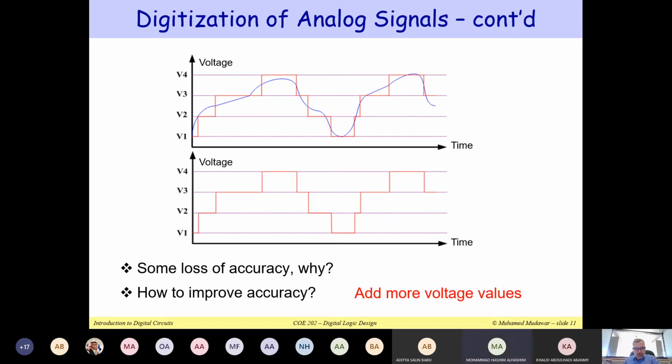If you double them, if you make them from 1 to 8, then these voltage values will be closer to each other, and the digital signal will become more accurate and very close to the analog signal. The more voltage values that you add, the more accurate the digital signal will become, since these voltage values will be stored inside the computer system as digits.